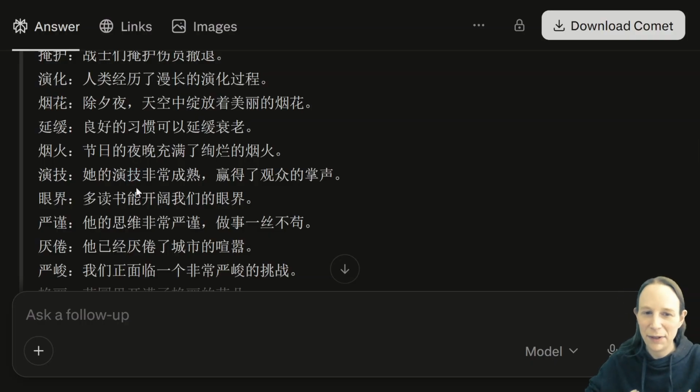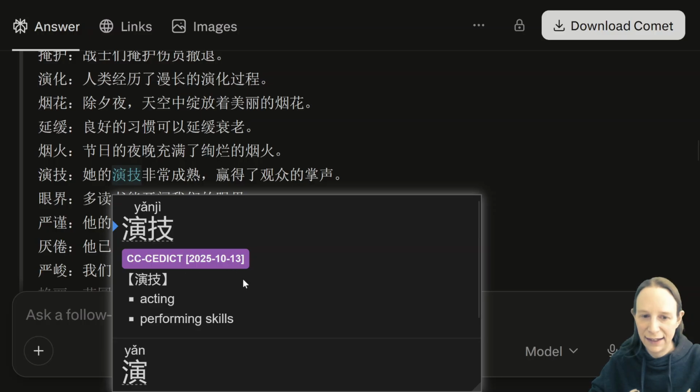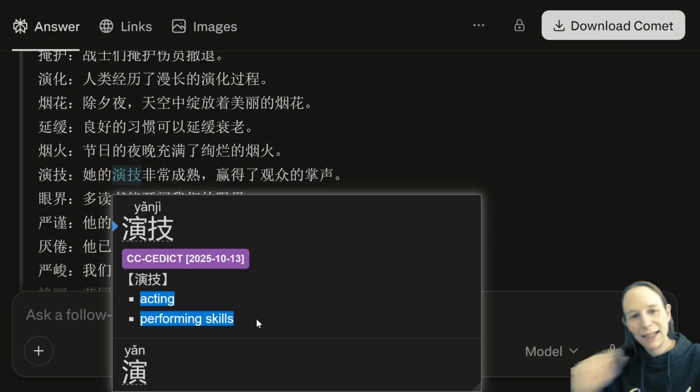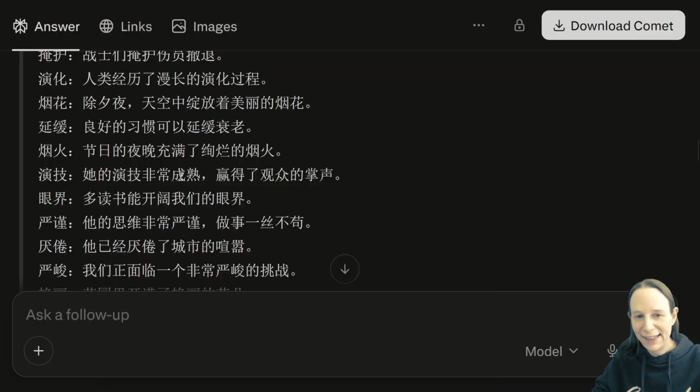I presume this is what 演技 is. Yeah, so her acting in the sense of her ability to act. So we're describing her acting skills as 成熟, mature. So she has well-developed acting skills.